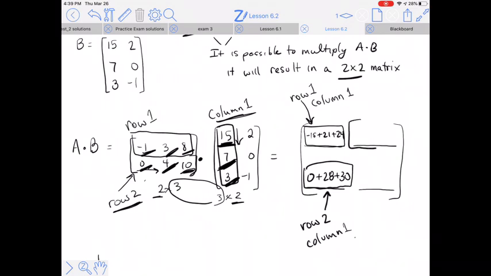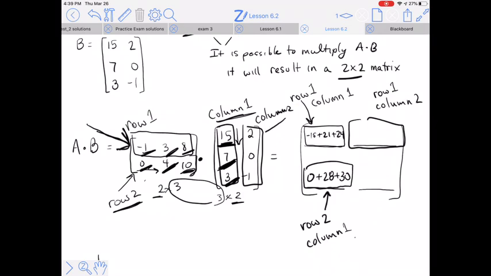Now I'm going to move over here. This entry is row 1, but now it's column 2. So I need to use row 1, but now I need to use column 2 over here. And again, form a linear combination.